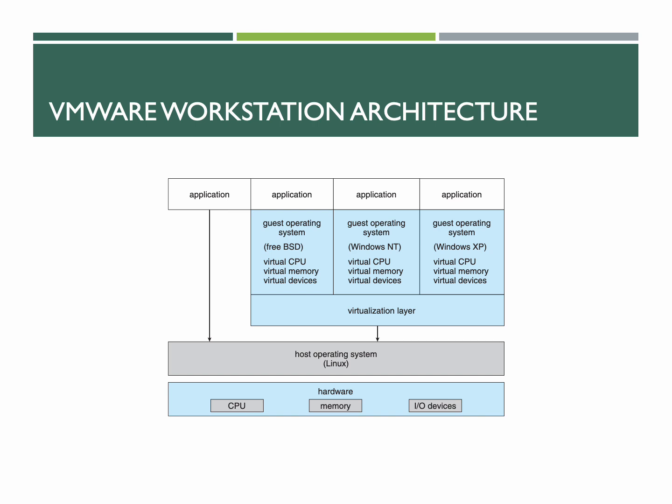Now, multiple guest operating systems can run concurrently, each in its isolated partition. These operating systems are oblivious to the fact that they are not interacting with real hardware but with virtualized equivalents provided by VMware.